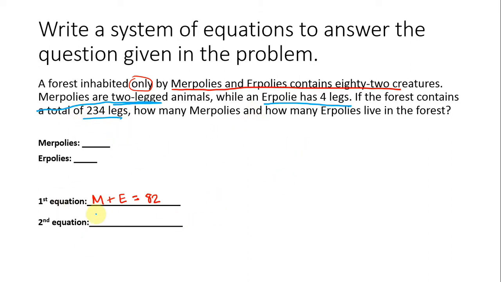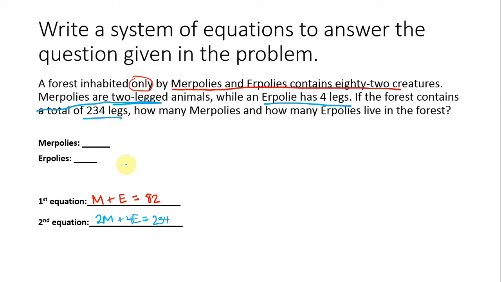Well, merples have 2 legs, so for every merple, 2 legs were contributed. And erples have 4 legs, so for every erple, 4 legs were contributed. And after I found all of my merples and erples, I ended up with 234 legs. So those are my 2 equations.